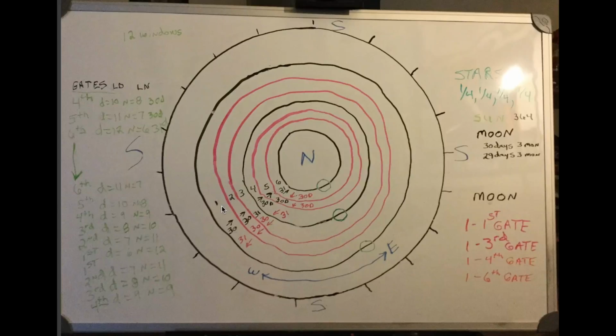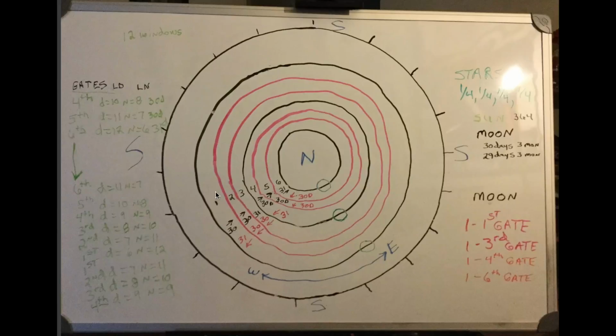Now when the moon's circling over here in gate 6 or portal 6, it's going to be directly overhead, and you're probably going to get a real clear focus and real clear video of the moon. When it moves out here into gates 3 and 4, which he says is only 2 months out of the year, then it'll be a little less focused, but you'll be able to focus better than when it's clear out here in gate 1.